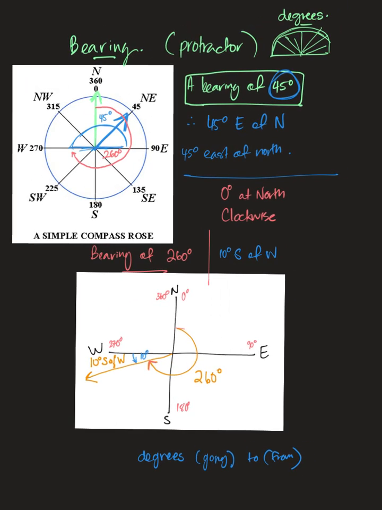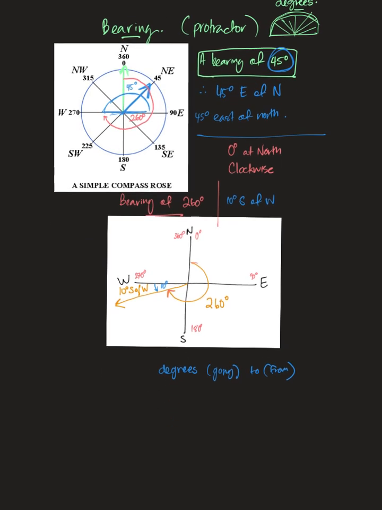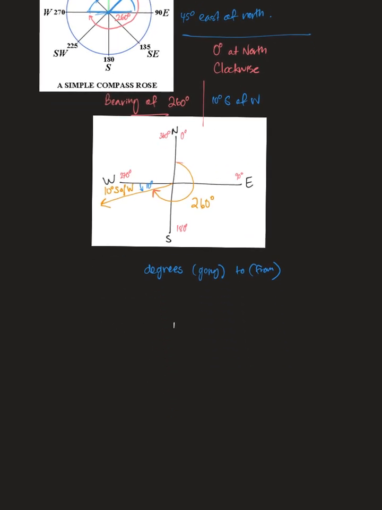So remember, bearing works from using the same points as a compass, but you're going from north all the way around in a clockwise direction. All right, so when I draw this vector out, let's just have a look here. Let's say I did draw and I had this north, east, south and west. And let's say I want 40 degrees and 2 kilometers, right?